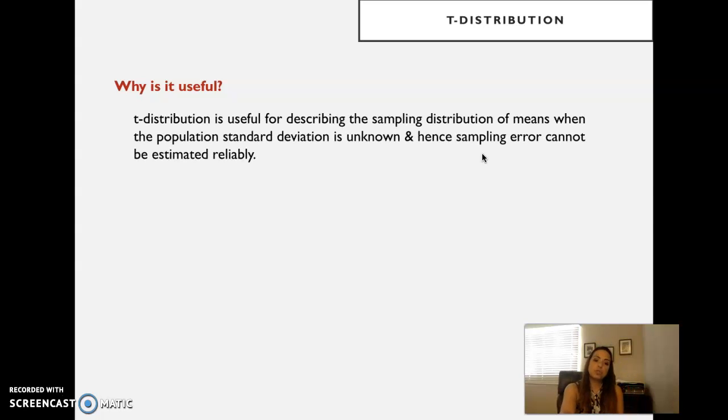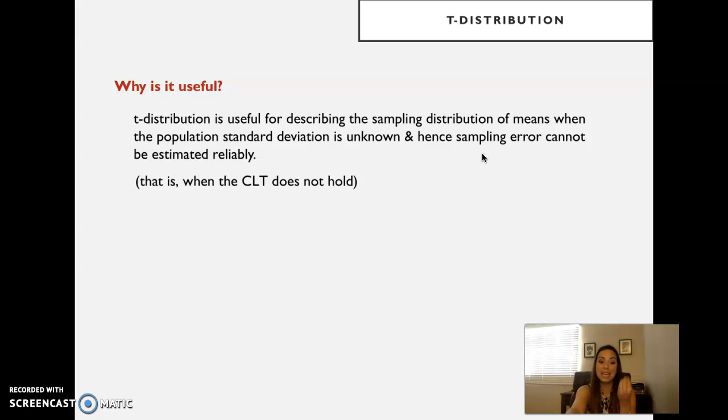Now the t-distribution, why is it useful? It is useful for describing the sampling distribution of means when the population standard deviation is unknown. My sample does not provide me with a good enough estimate of the variance of the population, and hence sampling error cannot be estimated reliably.